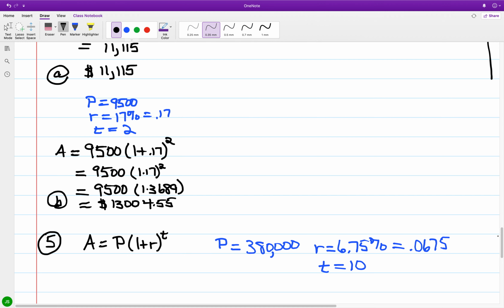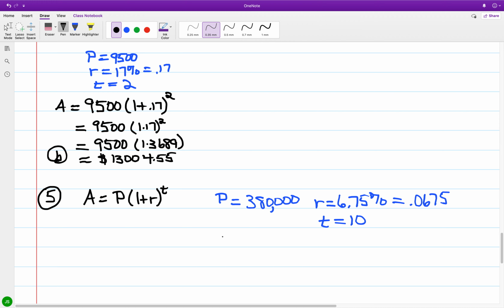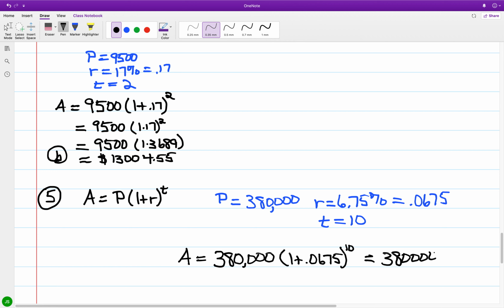Taking the values and looking for the future population, we can have A represent this. Putting in the numbers, you have 380,000 times the quantity of 1 plus 0.0675, raised to the 10th power. So you have 1.0675 raised to the 10th power.